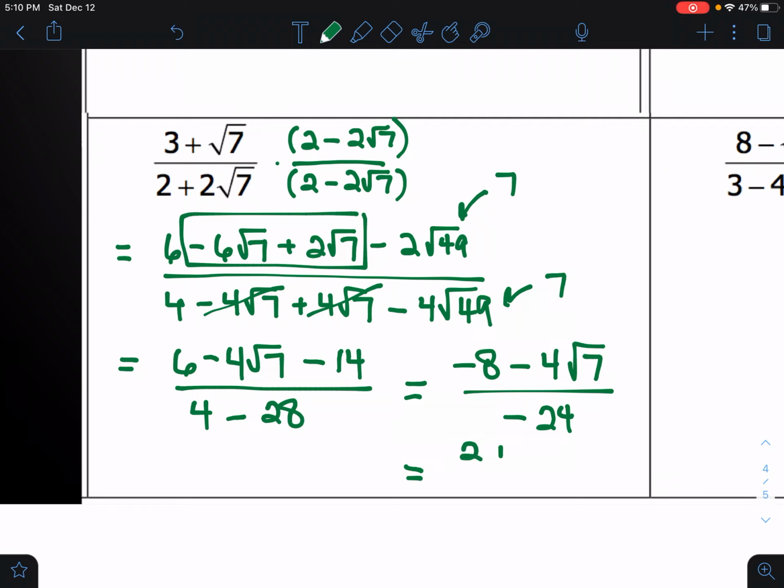This would be 1, so plus 1 root 7, or just root 7. And then negative 24 divided by negative 4 would be positive 6. Okay. There we go. There's our answer.